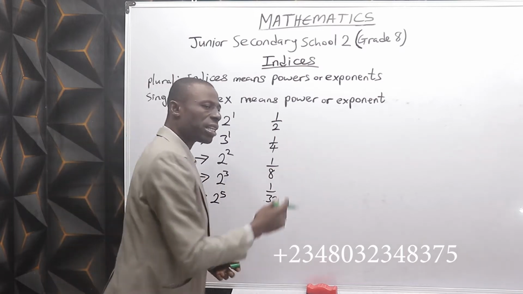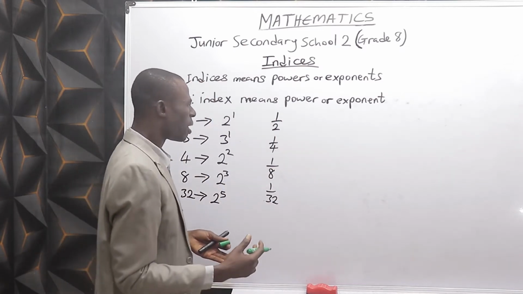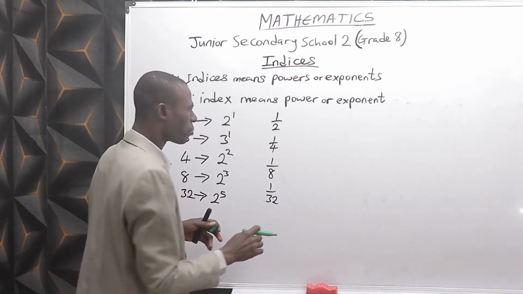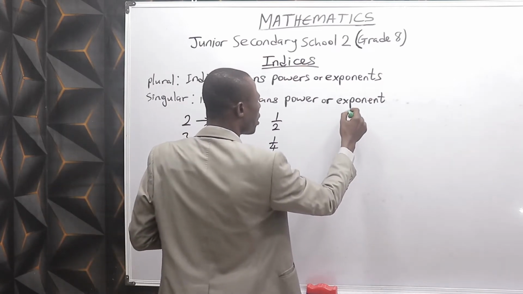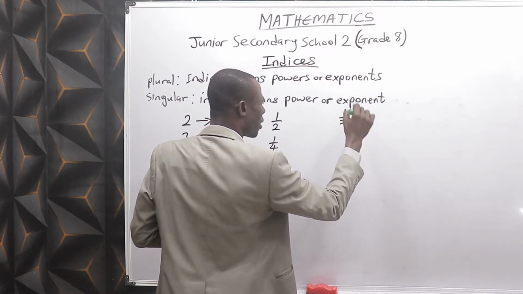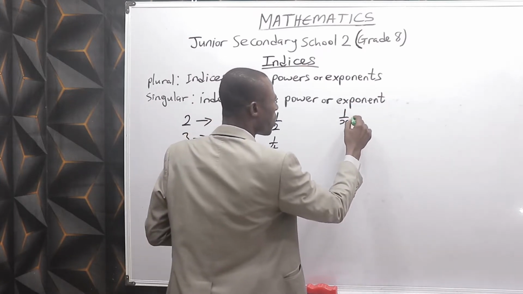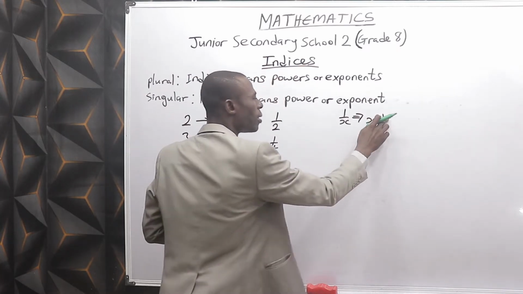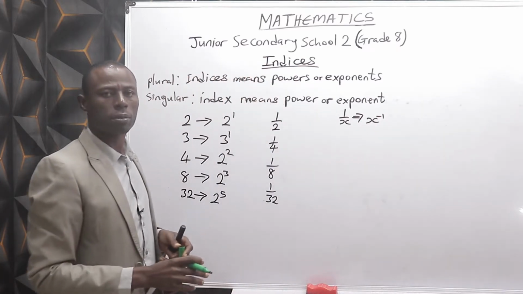How do we express this in index form? There is a general law in indices. The law is 1 over x means x raised to power negative 1 in index form.